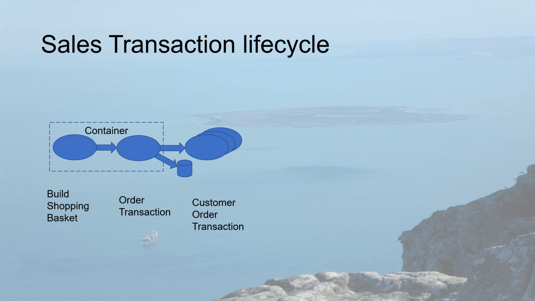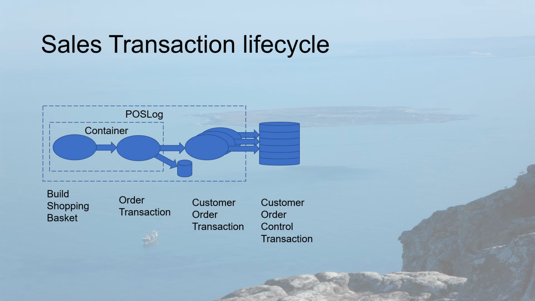And now we're looking at the individual transactions that were created in the CQRS model. These are handled independently in the PauseLog schema for messaging to communicate that to the backend systems. Each of these customer order transactions gets stored in the data model as a customer order control transaction.